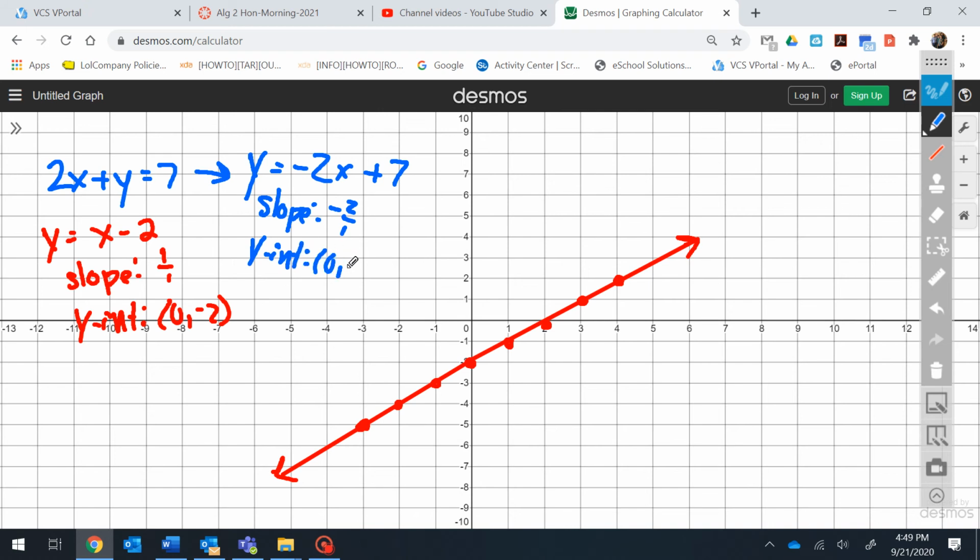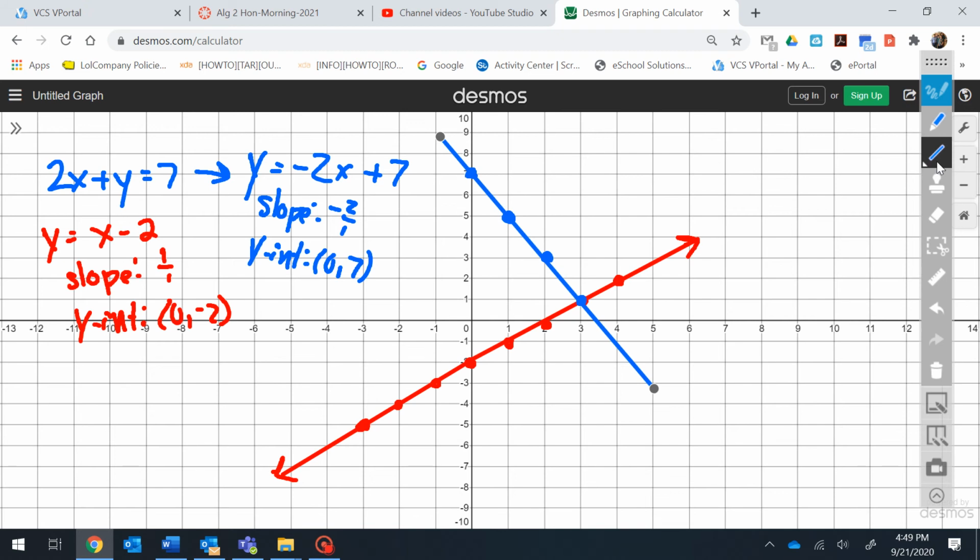Y-intercept is 0, 7. So 0, 7 is right here. The slope, downward sloping, down 2 over 1, down 2 over 1, down 2 over 1, and there I am. I hit the second line there. I hit the red line.